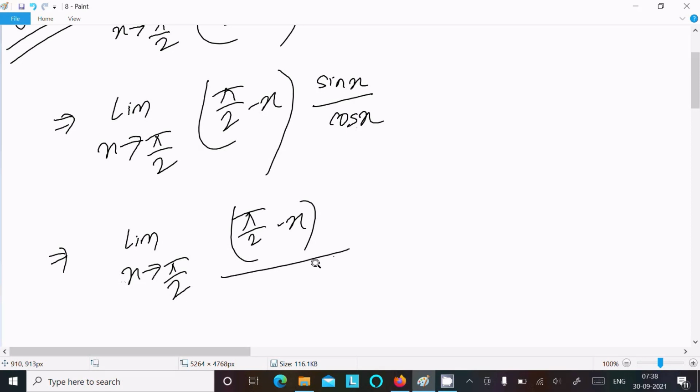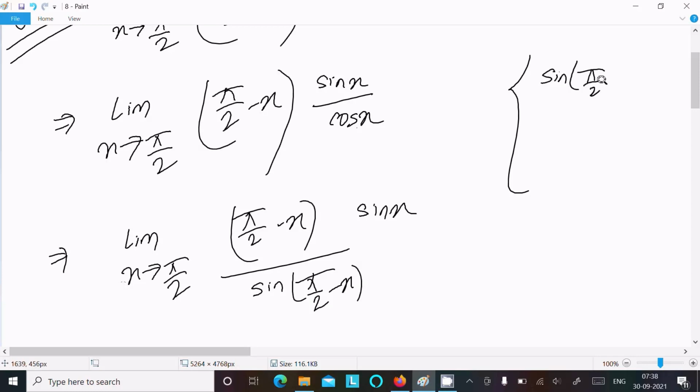This cos we can write as sin(pi by 2 minus x). We have the formula sin(pi by 2 minus theta) equal to cos theta.